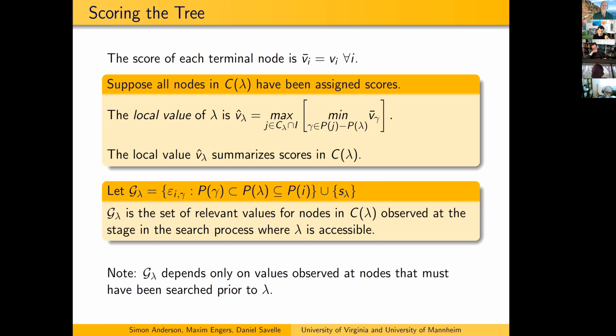The other part is the script G lambda, which in our paper is much richer in what information you can have. Right now, this script set is just the set of all things that would be observed by the point where you're deciding whether to search lambda. And the key to how we set up this model is that what you learn is only learned on the most direct path to lambda.